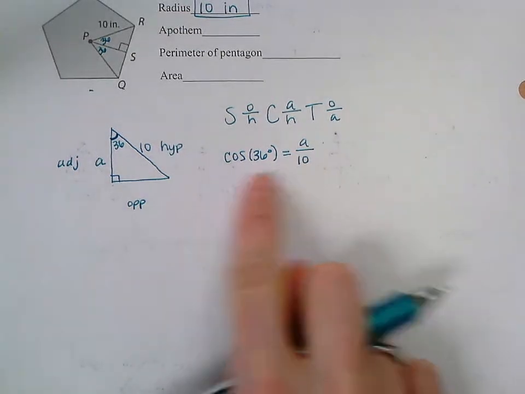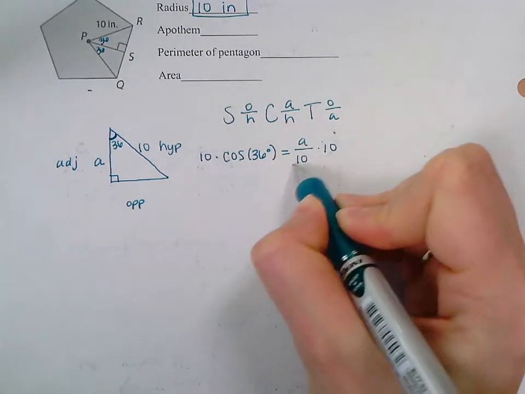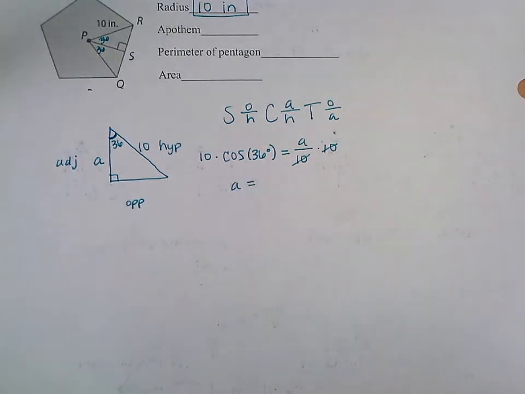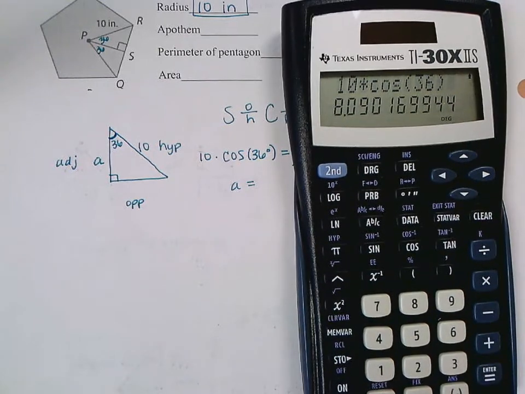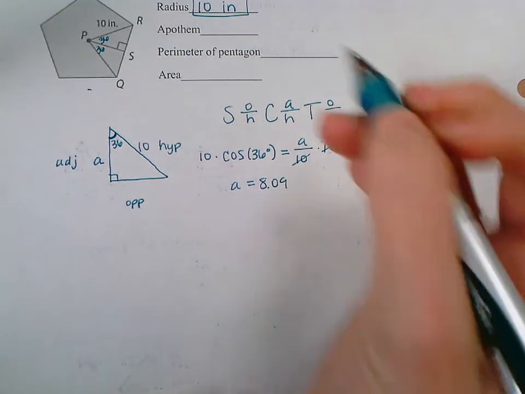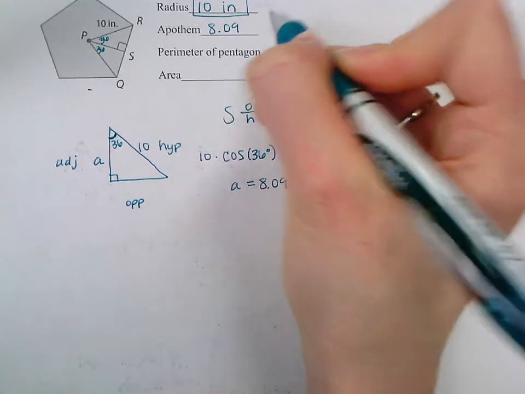And then I would solve this equation for A, so I have to multiply both sides by 10. And I am going to round A. So if I type in 10 times cosine of 36, and again, I'll round this to 2 decimal places, so approximately 8.09. So that is my apothem, and that would be in inches.